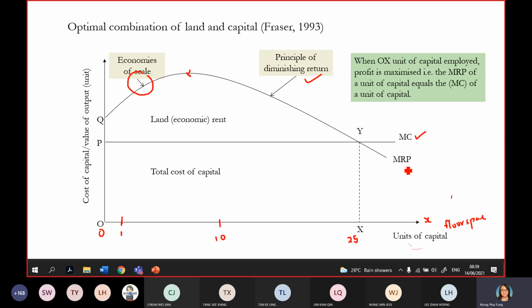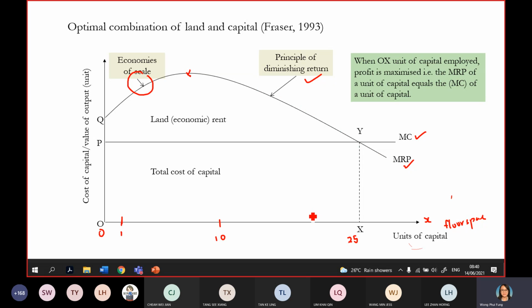This one I forgot to explain just now. MRP is the additional revenue that the developer will get when the developer produces one additional unit of capital, or one floor higher. So in that case, you can see here they start to fall.